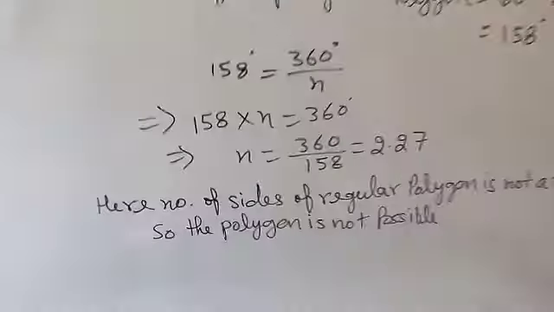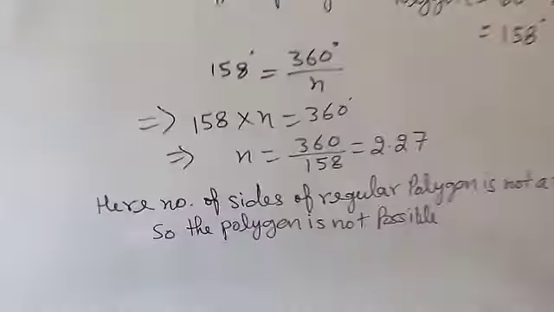So what will be the number of sides for a regular polygon? That will be 360 upon that angle. Each exterior angle of a regular polygon having n sides is equal to 360 degrees upon n.